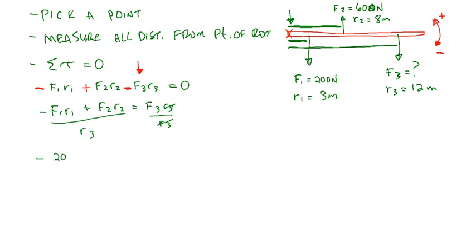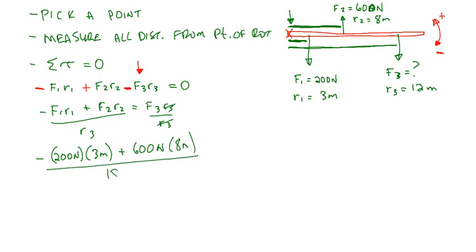Here's negative 200 newtons times 3 meters plus 600 newtons times 8 meters. I want to divide all of that by what on earth? 12 meters. And that's going to be the force that I need to put right there.